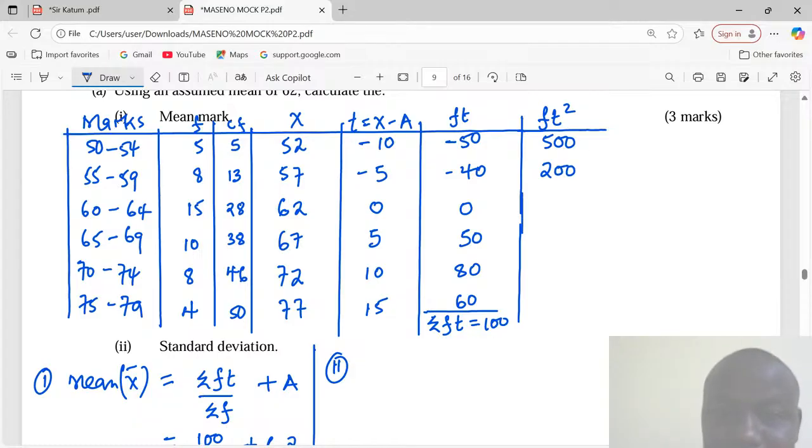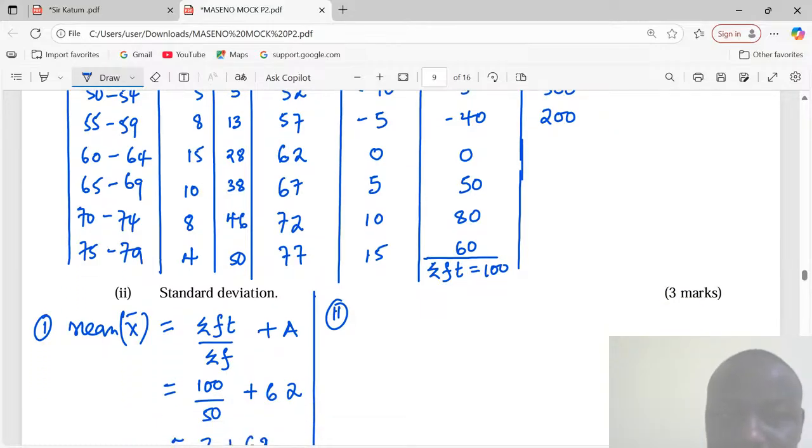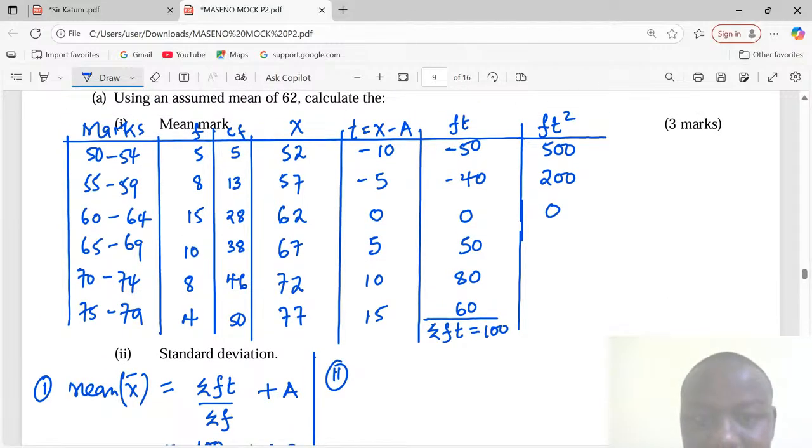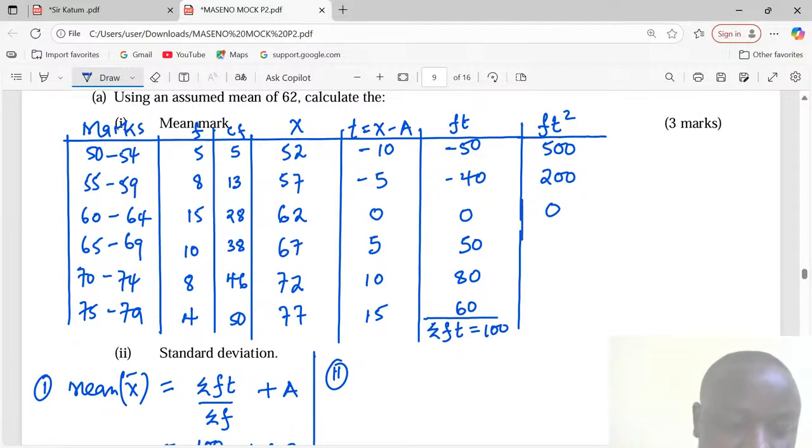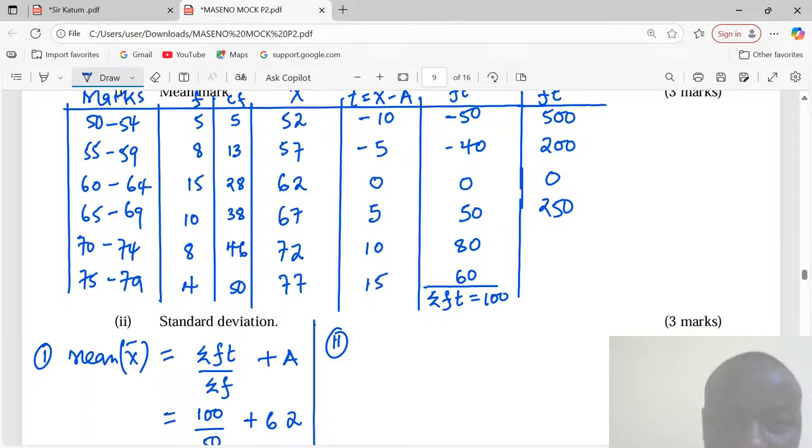We go to the next, which is a 0. Even if you square a 0, it remains a 0, and times 15, it shall remain a 0. The next f is a 5. 25 multiplied by frequency of 10 is 250.